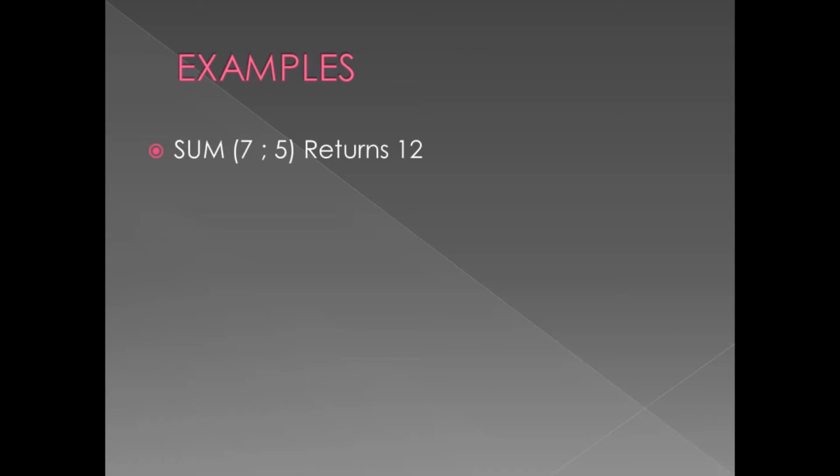Sum 7 semicolon 5 returns 12 because 7 plus 5 is 12. Similarly, sum 7 semicolon 5 semicolon 6 will return 18 as 7 plus 5 plus 6 is 18.